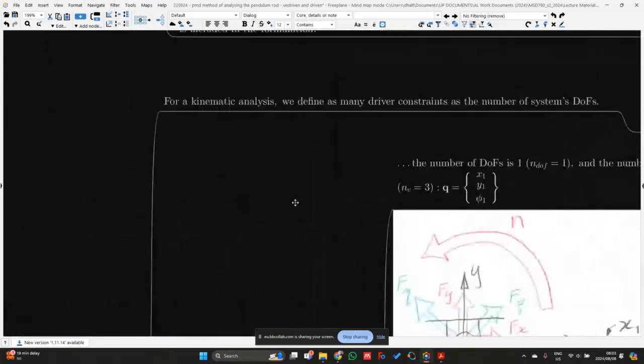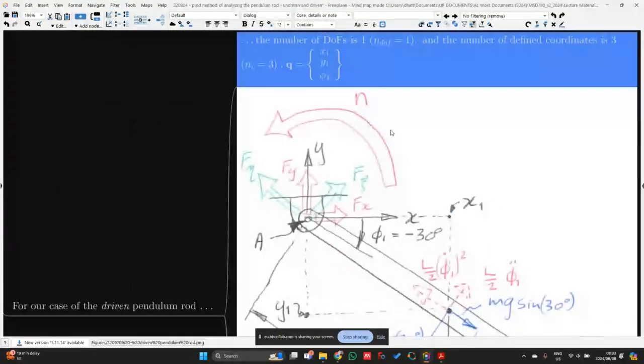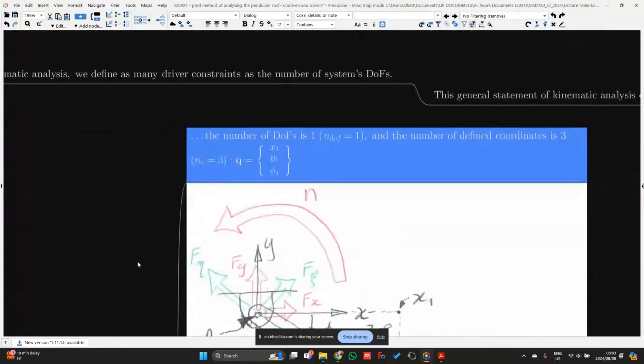If we illustrate this with our current example, the coordinates that we want to take into account are the X and Y translations and also the rotation of the system, which is phi1. So nV is going to be equal to 3. We know from the previous analysis that our number of degrees of freedom is 1.